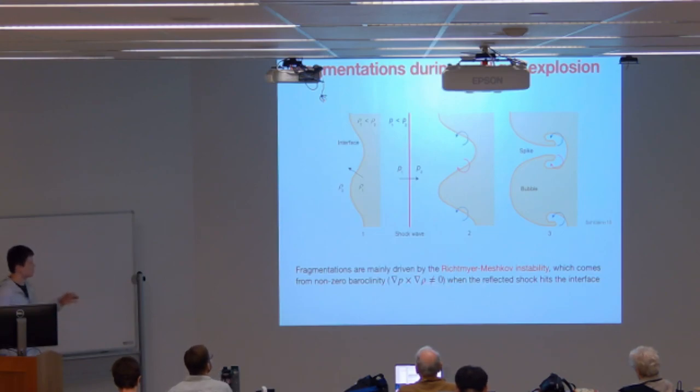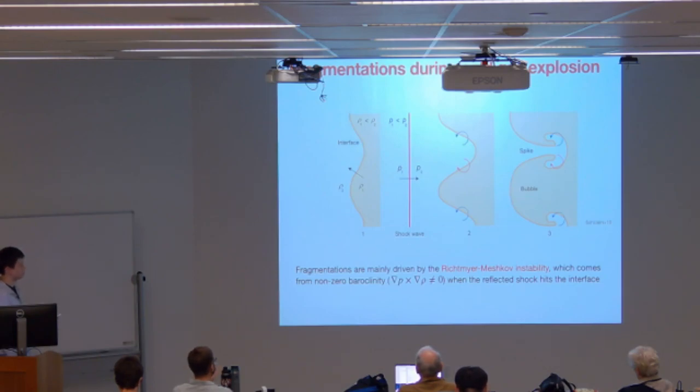This instability drives vorticity and mushroom-like structures, very similar to the Rayleigh-Taylor instability in the weak shock. The amplitude of this perturbation saturates and enters the non-linear regime, and the cold gas will fragment and break apart.